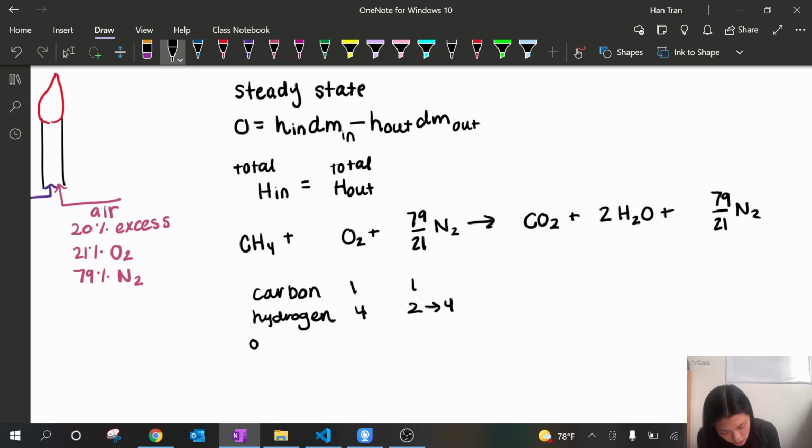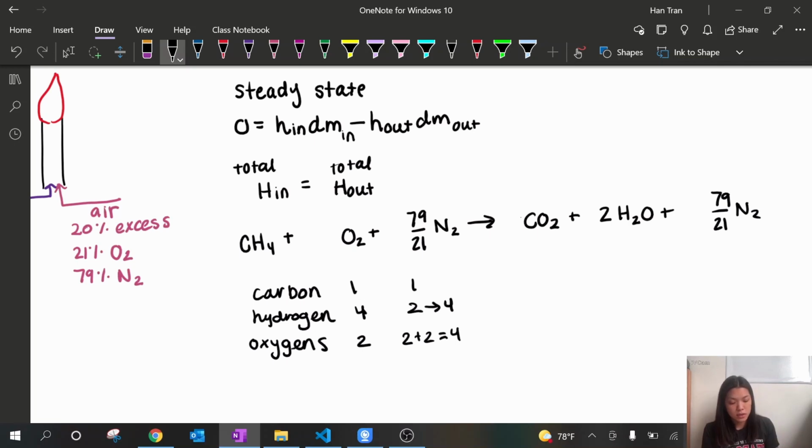Now let's take a look at the oxygens. On the left side we have 2, and on the right side we have 2 for the carbon dioxide and 2 from the water to give us 4 oxygens. And so we need to increase the number of moles of oxygen on the left side so that it is balanced.